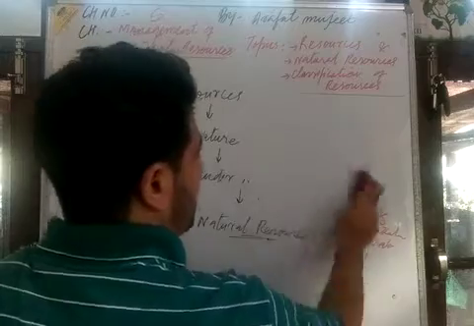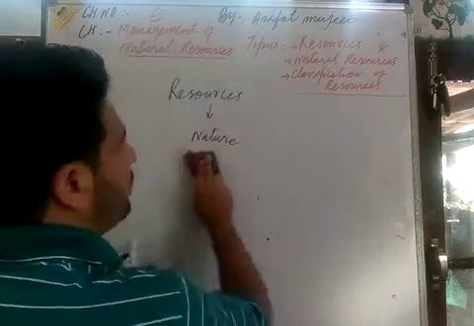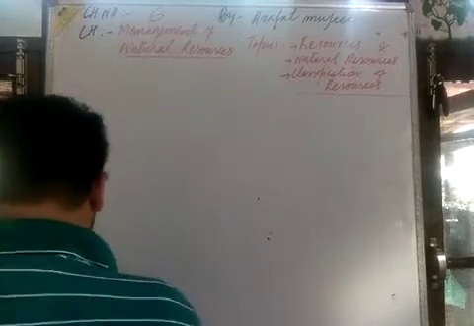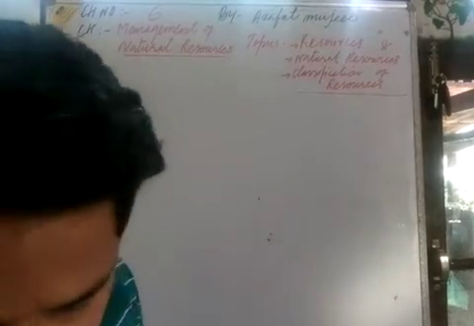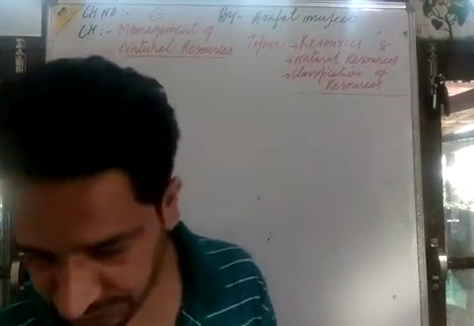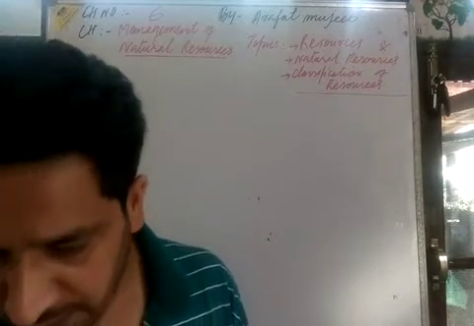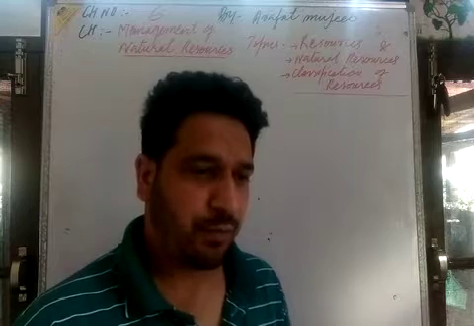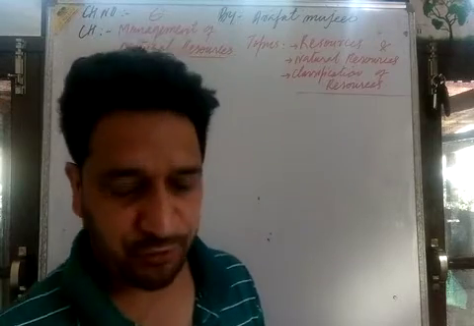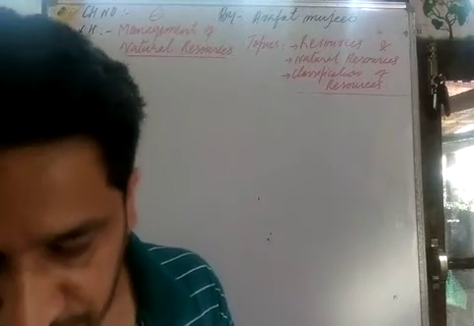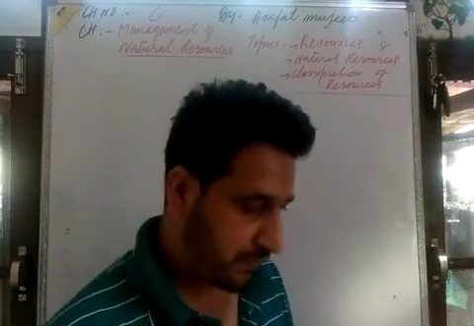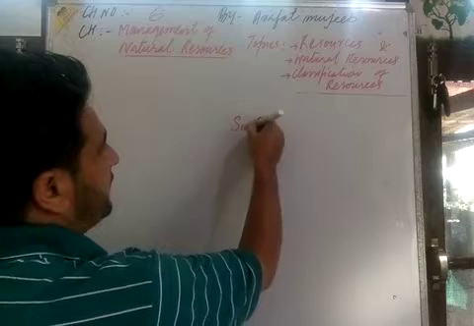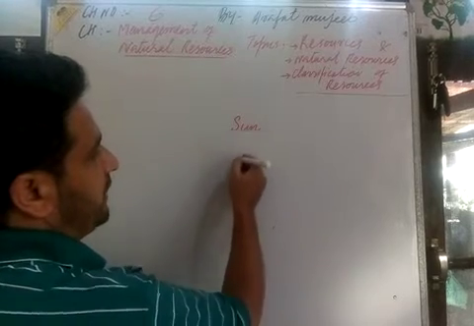Now we can classify such natural resources on the basis of their availability on the surface of the earth. These natural resources support life on the surface of the earth, and we are in direct contact with them.